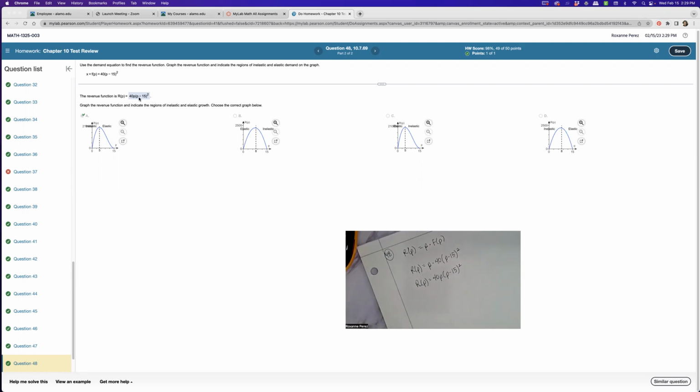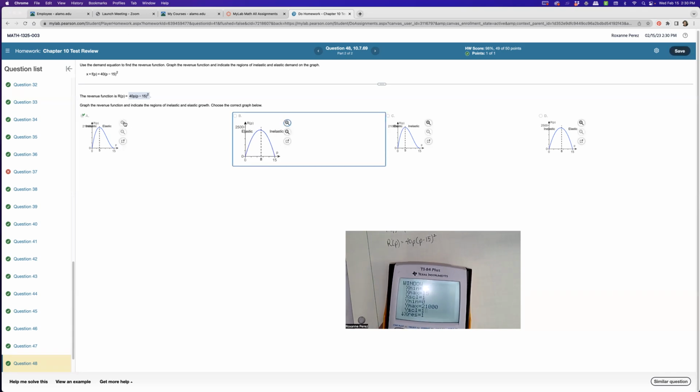And then they want you to graph the revenue function and indicate the regions of inelastic and elastic demand. So the first thing we're going to do is graph this function. We're going to get our calculator. We're going to type this in, 40x times x minus 15 squared. We're going to change our window to -2, 15, 0, and 21,000. And you can kind of see these numbers on your graphs that are given.